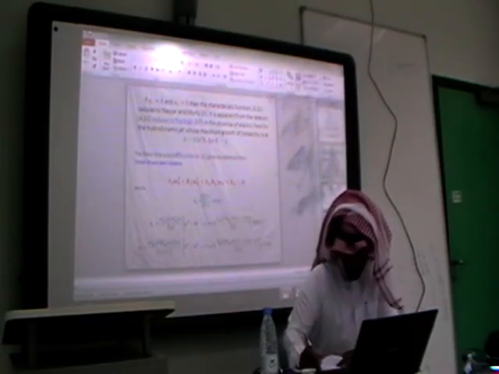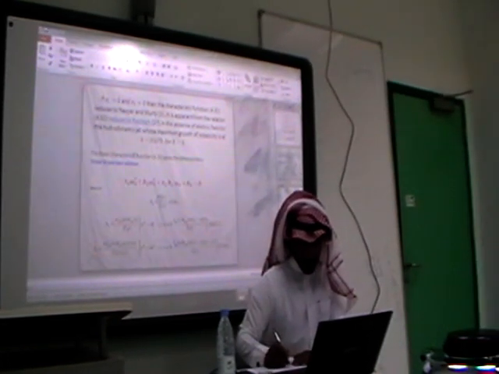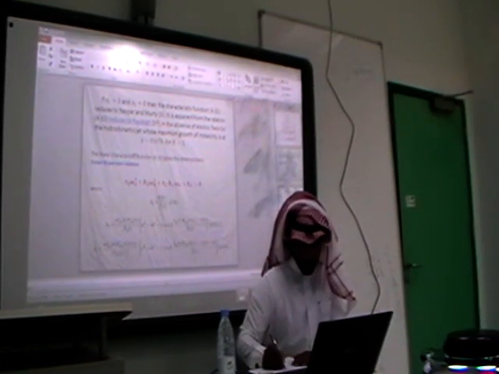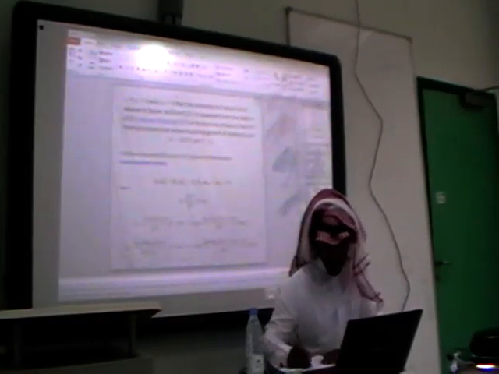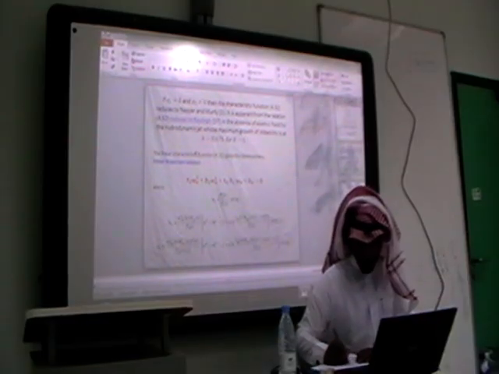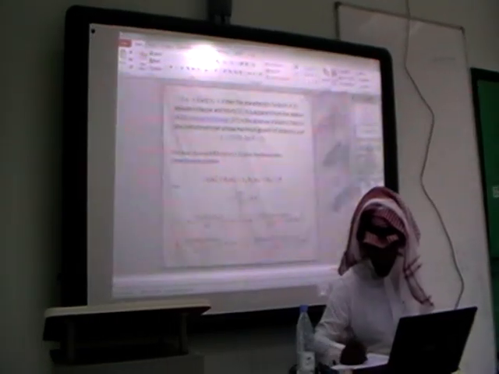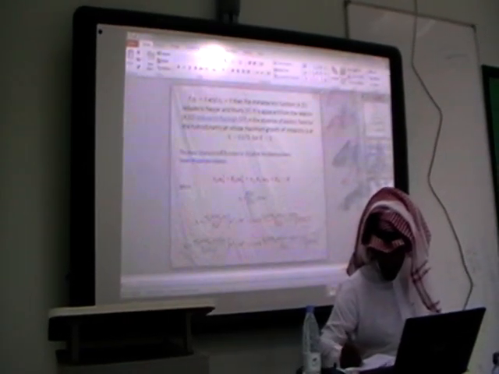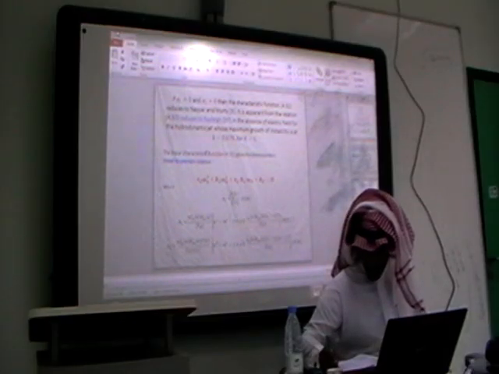This is a second order differential equation. We change it to d squared plus 2 omega equal to 0, and m equal to m plus 1 plus omega equal to 0.